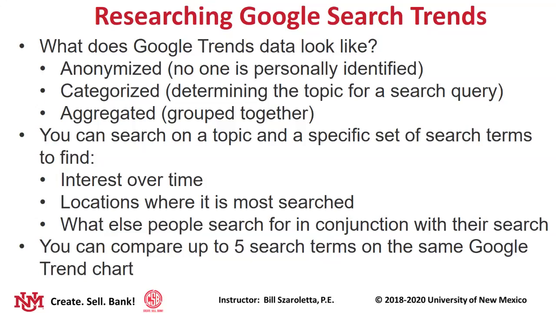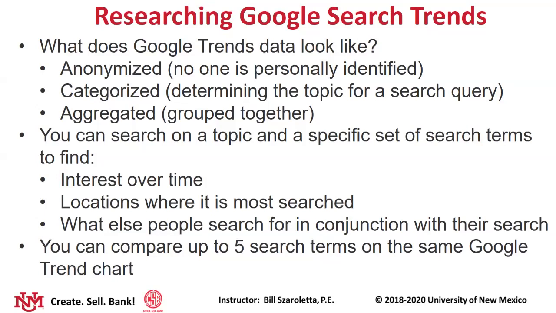So you can search on a topic and a specific set of search terms to find interest in your keyword or key phrase over time. Locations where it's most searched, and you can do that on a world scale. You can do it on the U.S. scale. You can do it on a state scale. You can do it on a city scale, and you can keep drilling down.